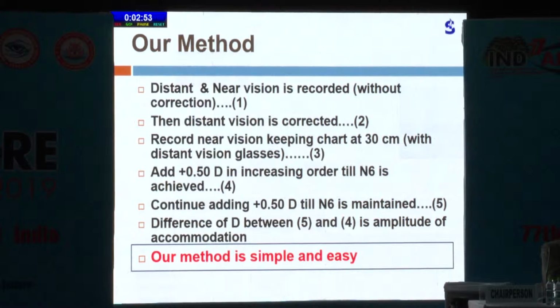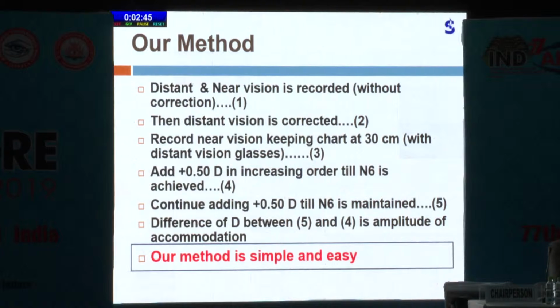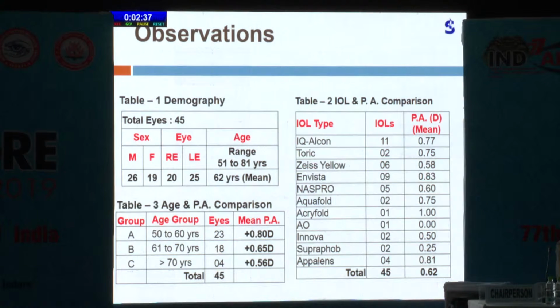Then we continued adding 0.5 diopter till it maintained N6. We presume that 2.5 or 3 is the normal diopter required for near vision. But the diopter required to correct to N6 was the pseudo accommodation, and the diopter which maintained it was the amplitude of accommodation.